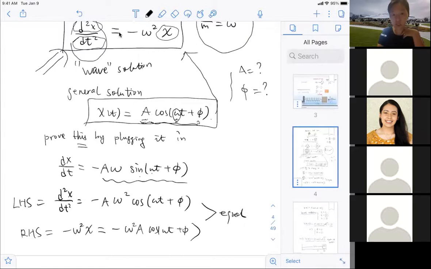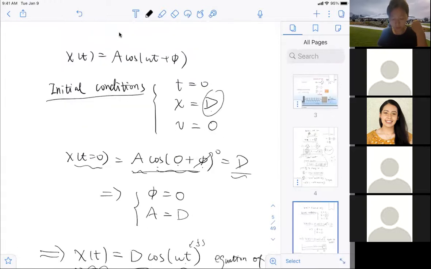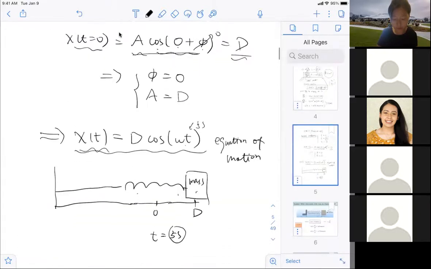So here we let the spring go at the maximum stretch. So we say at t equals 0, your position should be at that maximum value. By doing that, we found our equation that describes the position of the object at any given time. So it looks like this is a cosine function, right?